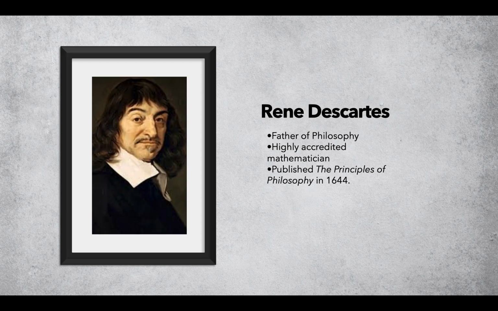The second artist, René Descartes, was regarded as the father of philosophy. He is also highly accredited for his advances in mathematics and for his many published works, one of which, The Principles of Philosophy, thoroughly explains his thoughts on philosophy.